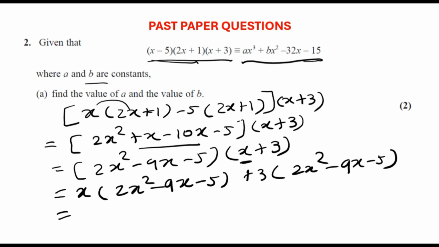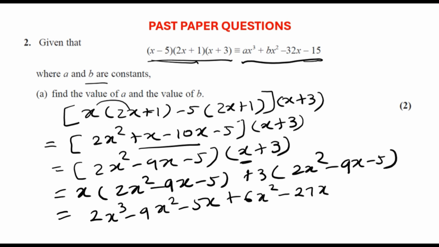Multiply x with the bracket: 2x cubed minus 9x squared minus 5x plus 6x squared minus 27x minus 15. Look for the like terms. Minus 9x squared and 6x squared are like terms, and minus 5x and minus 27x are like terms.